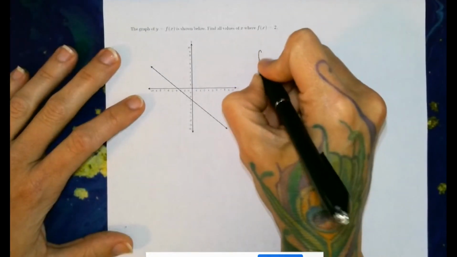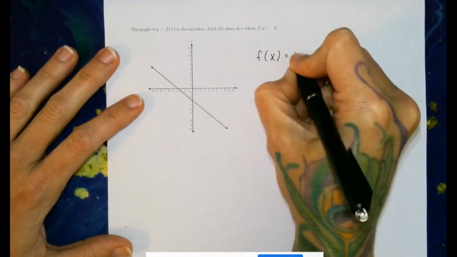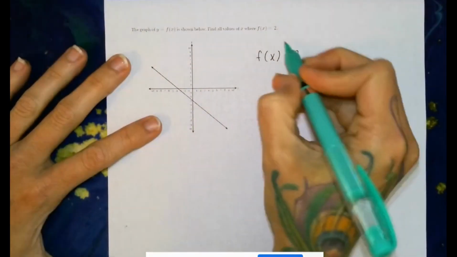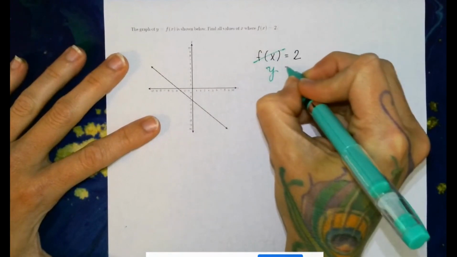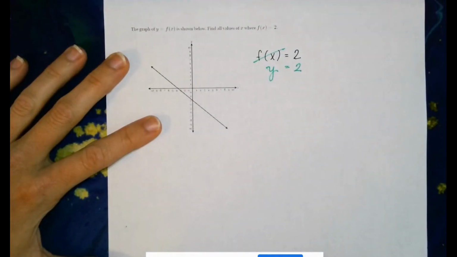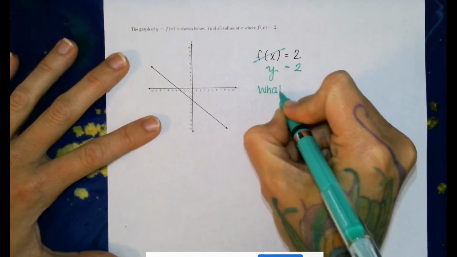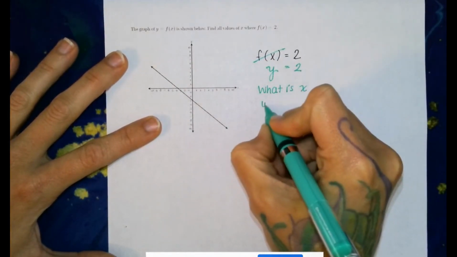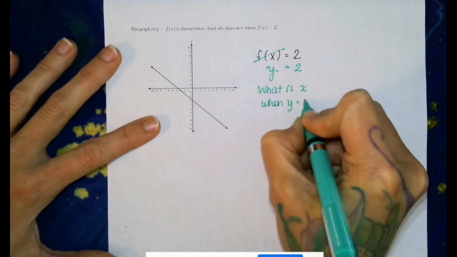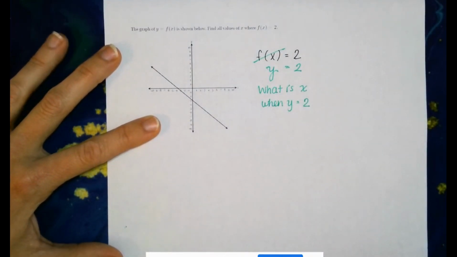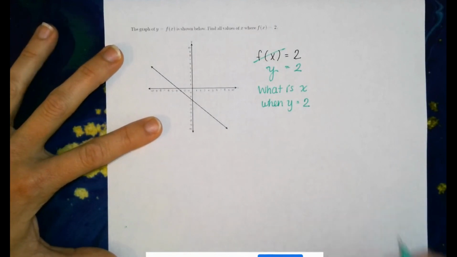It's hard to see, but f of x equals 2. Is that 2 x or y? It is y. It's not inside the parentheses. And remember, f of x is the same thing as y. So when this is asking, what is x when y equals 2? What input would give us an output of 2?